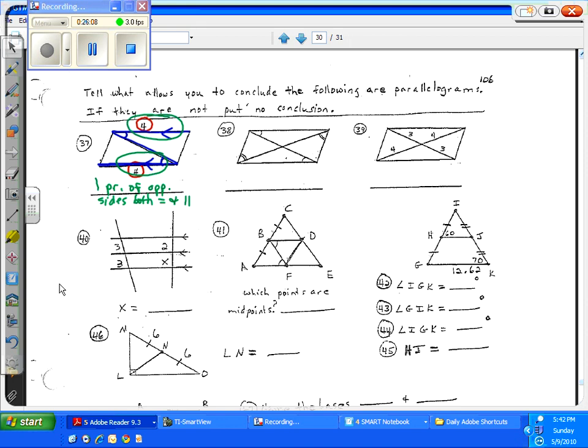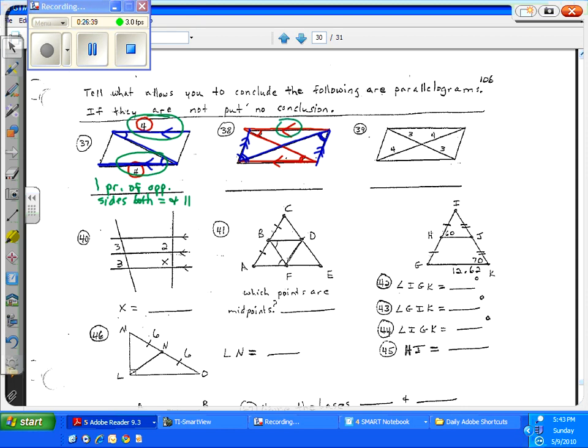Number 38, knowing that this angle is equal to this one, and those being alternate interior, we reach the conclusion that the top is parallel to the bottom. These two angles being equal, and those being alternate interior angles, prove that the left is parallel to the right.